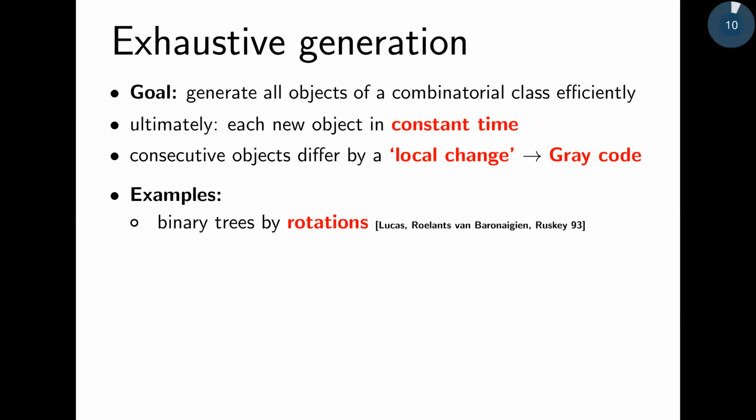So here are some examples for such classical Gray code results. For example, it's known that you can generate all binary trees on a certain number of nodes, and in each step you only apply a single tree rotation. This is one classical result.